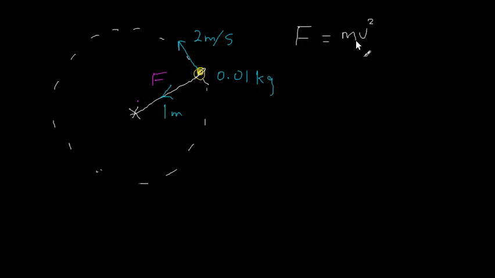I'll use mv squared over r because the values needed for this formula have all been given. Okay, so mass is 0.01. Velocity is 2.